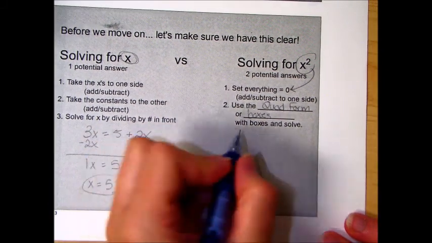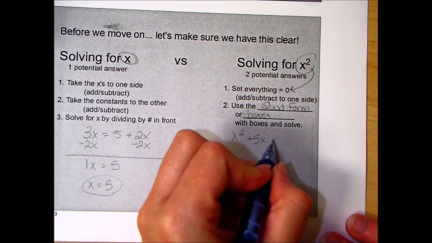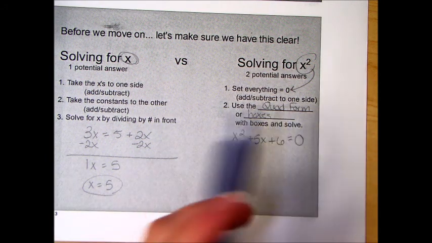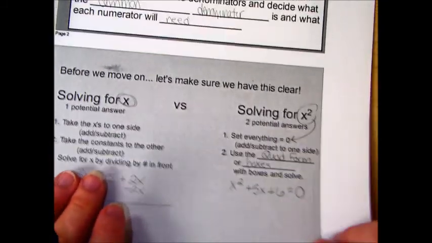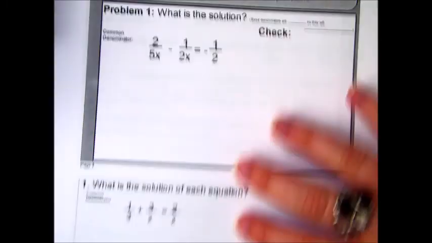Okay? So if you see something like x squared plus 5x plus 6 equals 0, that's what I mean. You're going to have to do the quadratic formula or the box there. And really, you guys are probably really, really good at the boxes right now because you need to be for this particular section.